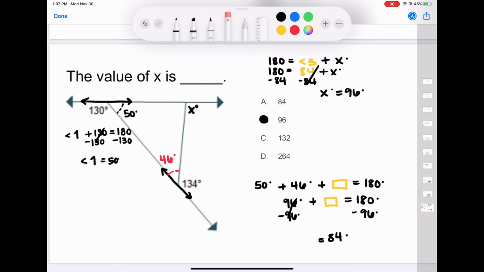So 50 plus 46 gives me 96. So there's multiple ways you can solve this problem, but ideally you need to find as many angle pairs as possible, angle relationships as possible. Go ahead and solve for missing angles, and thus you'll be able to solve for the angle that you need.